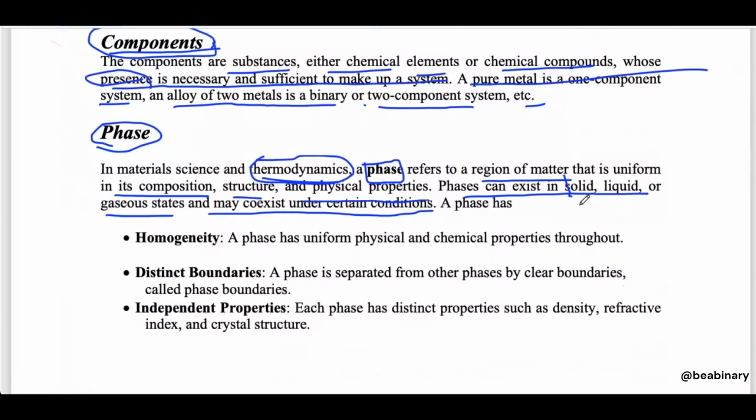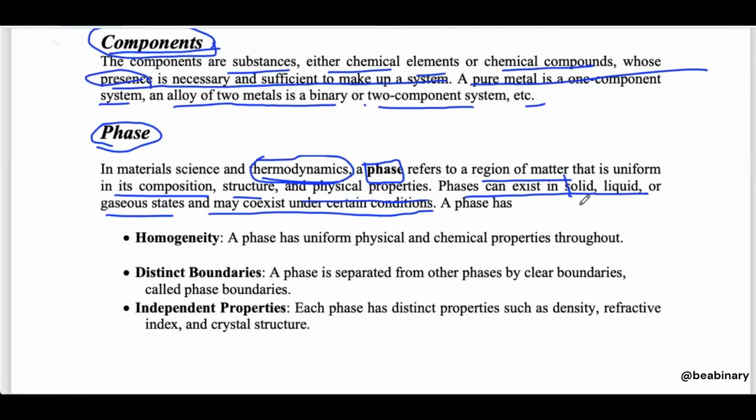As you are aware, there is a triple point. Triple point means the state, and state means the condition, the condition of temperature and pressure at which the three phases exist together.